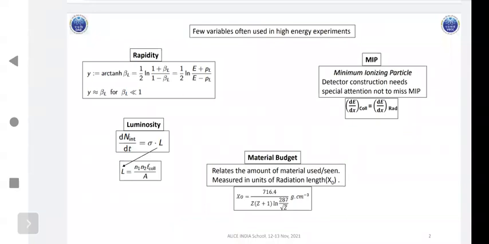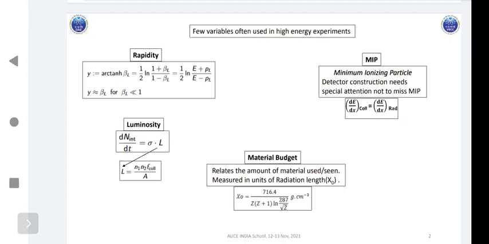And then comes the material budget. So what is material budget? As the name itself suggests, it relates to the amount of material the detector itself contains or might be facing before it, or surrounding it. Surrounding it also has importance because there may be a lot of multiple interactions as well.